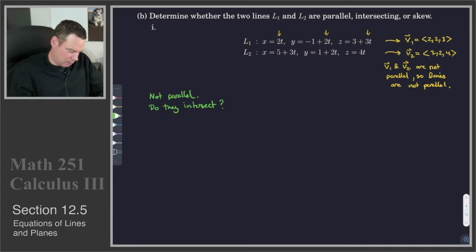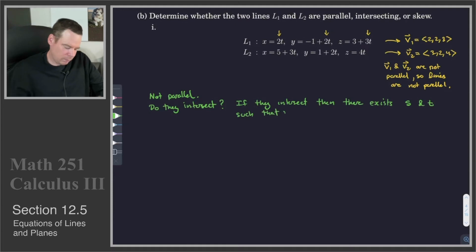So what that means is if they intersect, then there exist values s and t such that plugging s into the first equation gives me the same point that I get when I plug t into the second equation.